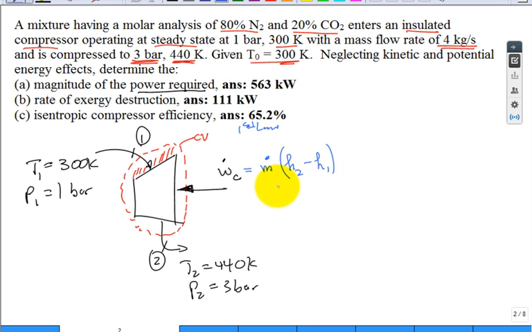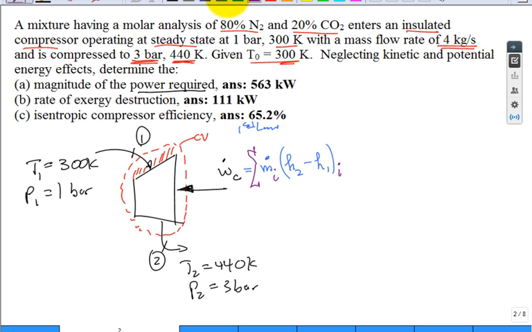I pause for a minute because I put the arrow going in and the exit enthalpy is going to be high. That's the correct direction. Now, because I have multiple components, I want to do a summation over all of the components: the mass flow rate of every component times the change in enthalpy of that component.